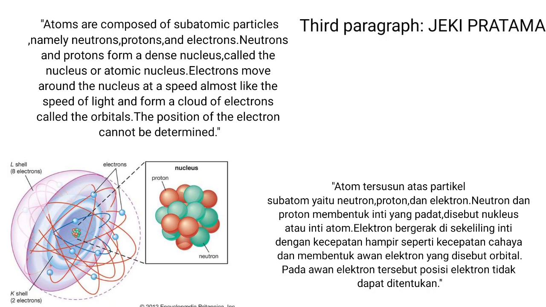Electrons move around the nucleus at a speed almost like the speed of light and form a cloud of electrons called an orbital. The position of the electron cannot be determined.